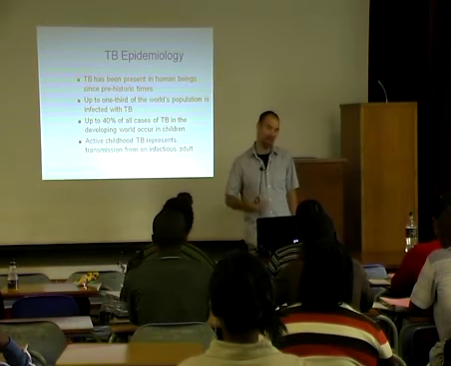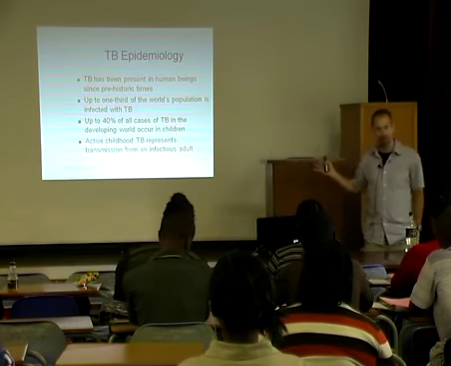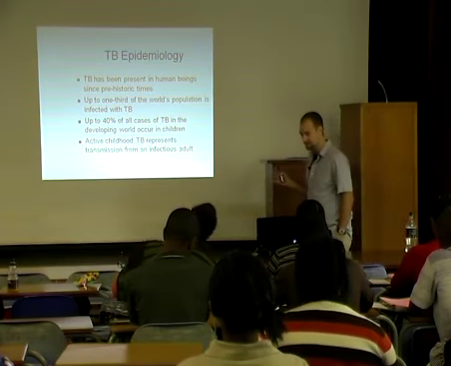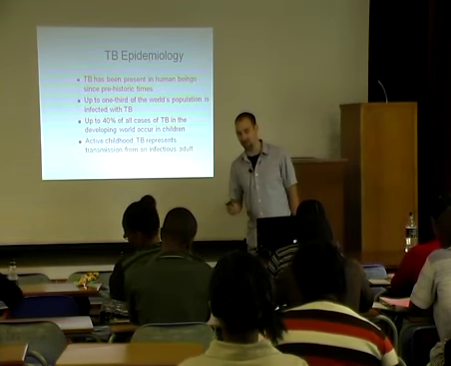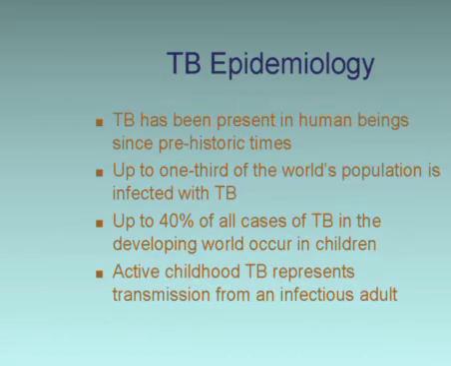They can't generate enough force in their cough to actually spread the TB around. So if you find a child who's positive with TB, the first thing you should do is find out where they got it, because it means that somebody who was around that child was coughing and gave that child TB. So you should be tracing family members, those that live in the household, to check to see who gave that child TB.